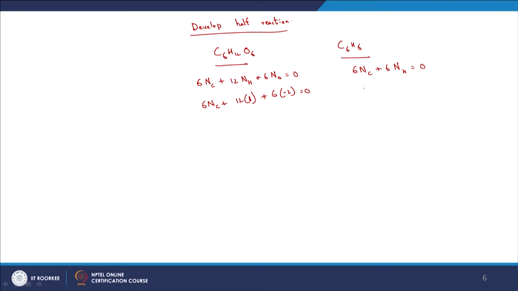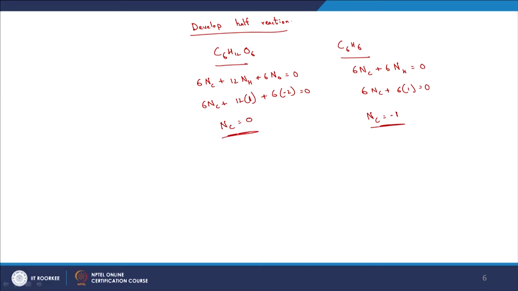And here it's going to be 6 times Nc plus 6 times 1 equal to 0. So here 12 and minus 12 cancel out. So Nc, the oxidation state of carbon, is now 0 in this particular glucose molecule. And in this other case, it's going to be equal to minus 1.